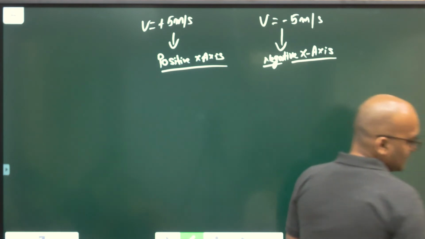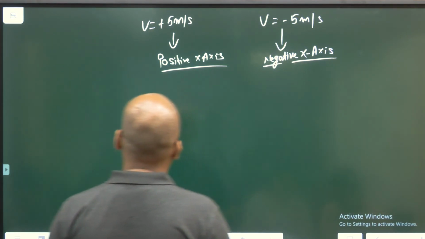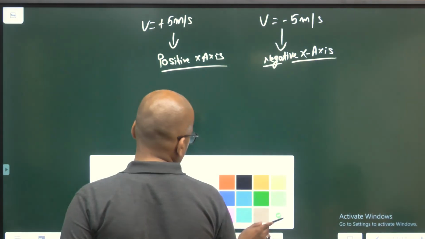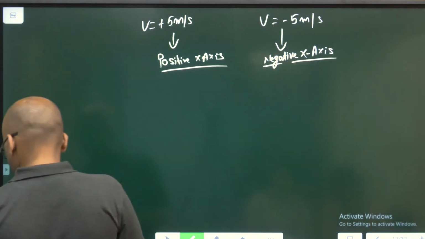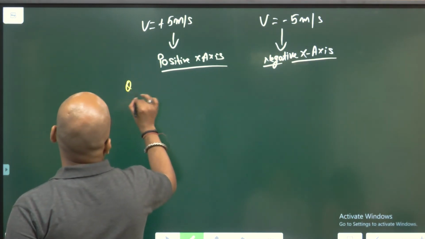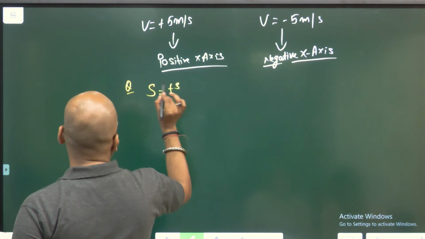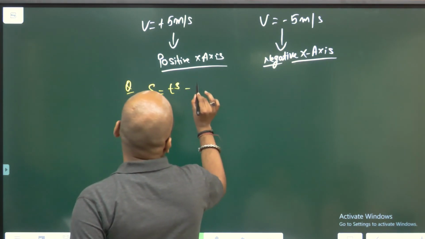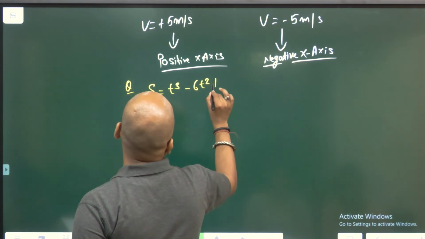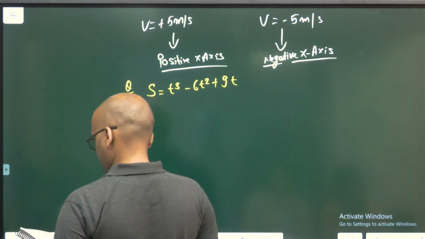Now, after so many questions, solve this question. A very lollipop type of question, very easy. So S is equal to T cube minus 6T square plus 9T.